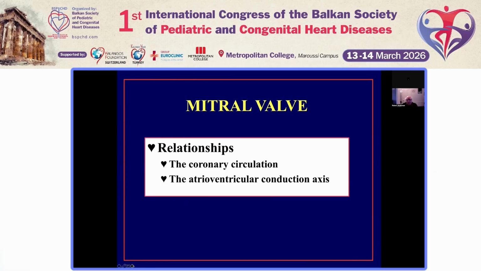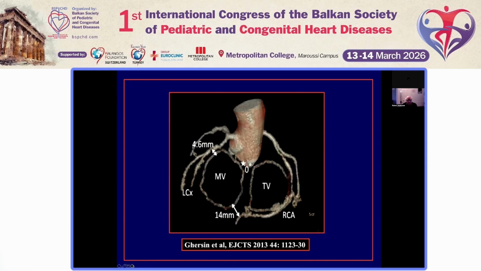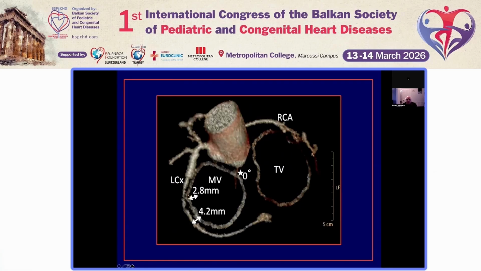Well, of the relationships, two are particularly important: the coronary arteries and the atrioventricular conduction system. Quite some time ago now, I worked with a group in Israel, and we showed the relationship of the coronary arteries to the atrioventricular junctions. And you can see that when the right coronary artery is dominant, its termination is quite some way away from the left atrioventricular junction, about 1.5 centimeters in this reconstruction.